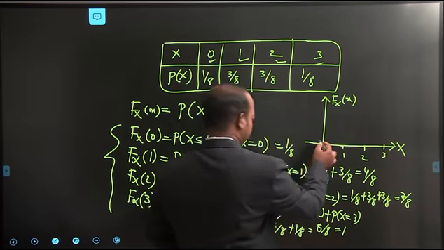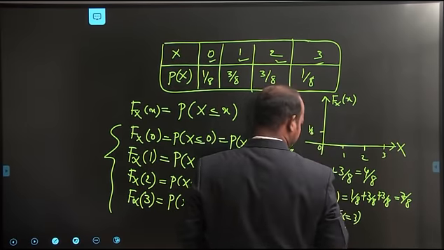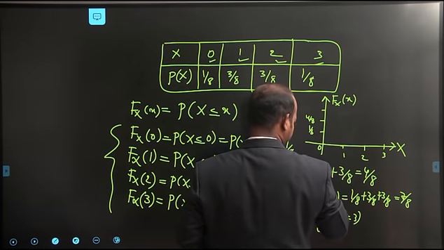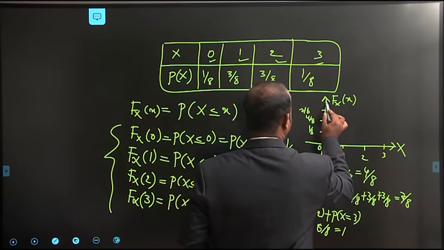The first quantity is 1 by 8, the second quantity is 4 by 8, the third quantity is 7 by 8, and the fourth quantity is 8 by 8.